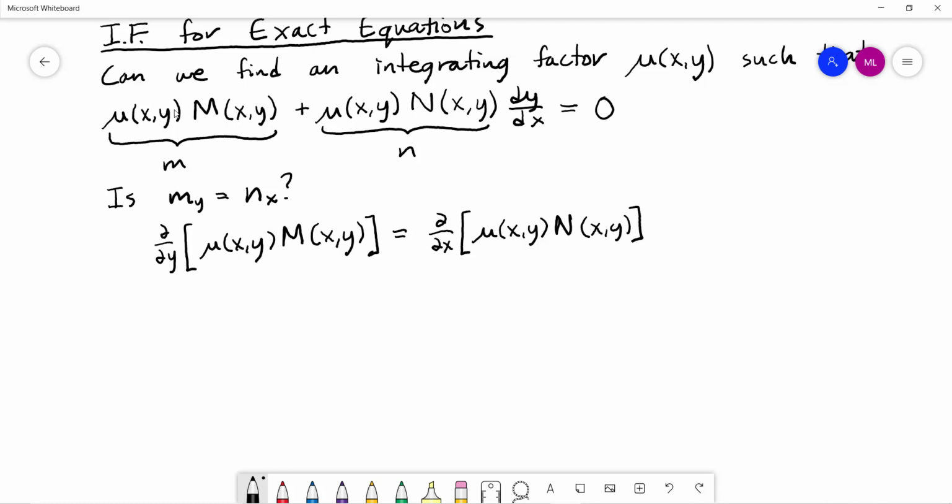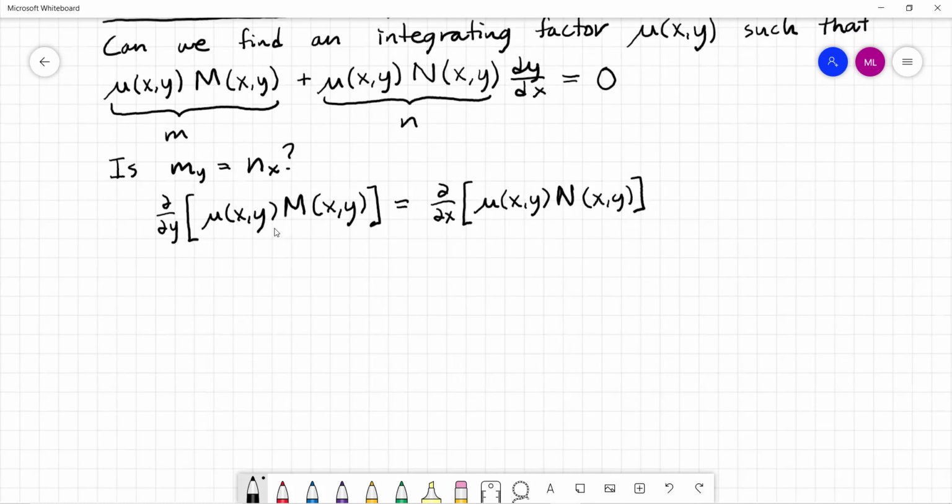Well, when I take these derivatives, let's actually evaluate these derivatives out as much as we can, given that these are unknown functions. But when I do these derivatives, because in this case both are functions of y, in this case both are functions of x, this is going to require us to do product rule, because we have a product of two functions.